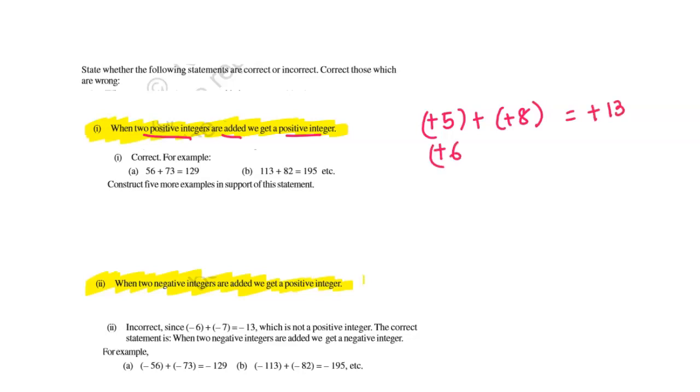Positive 6 plus positive 9, the answer is positive 15. You can take 5 more examples of such kind and find out whether you get a positive integer or not. So this statement is correct, but you have to make 5 examples of this kind.